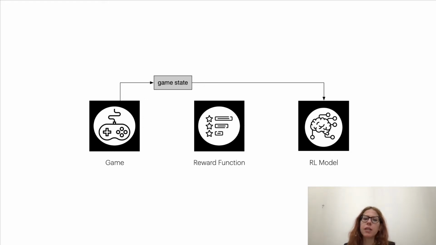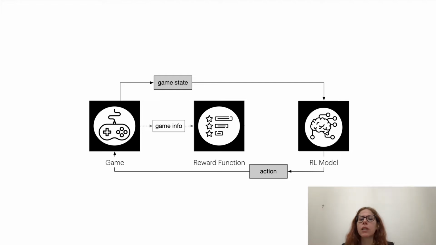The reinforcement learning model, based on the current status of the game, decides which kind of action it wants to perform. It provides this information to the game, and the game executes the action. Now, based on the next status of the game, the reward function is provided with game information, for example, the number of enemies the agent was able to kill so far.